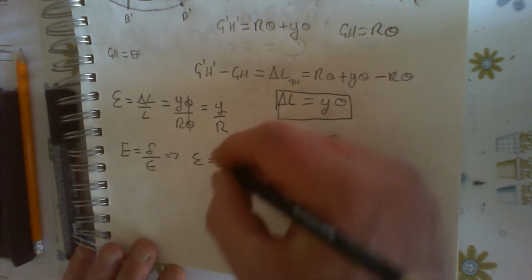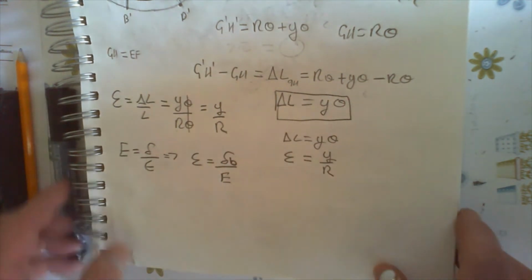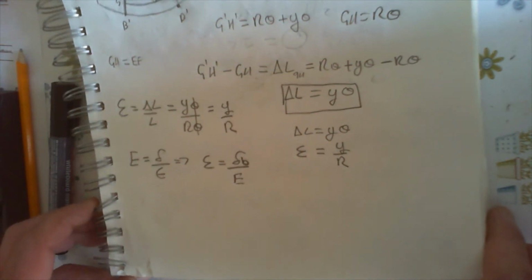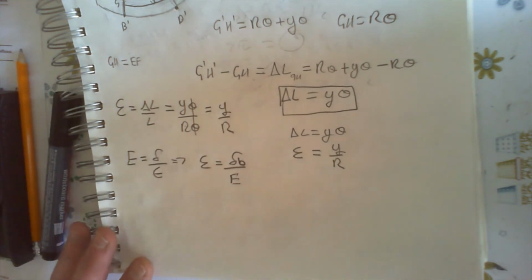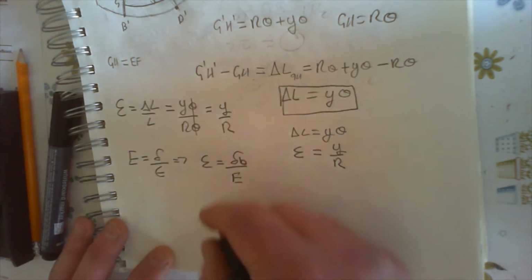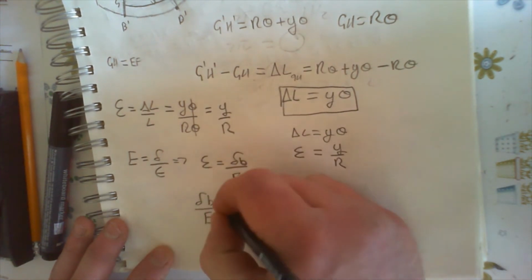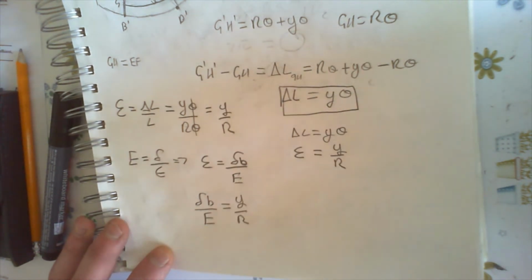And we can see that this is the stress from the bending, from the load causing the bend. This will be the stress, the force over the area. And so therefore we've got the two equations there that we can add together, which is going to be the bending stress over Young's modulus equals y over r.